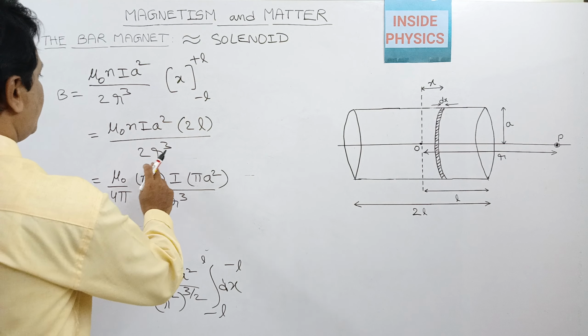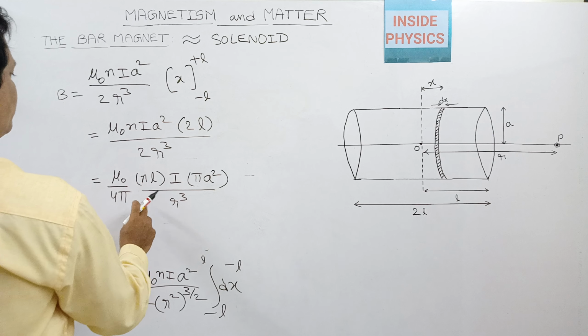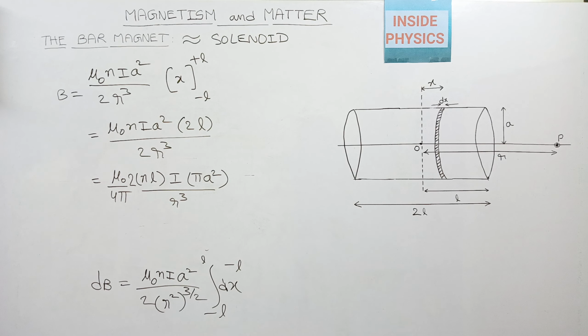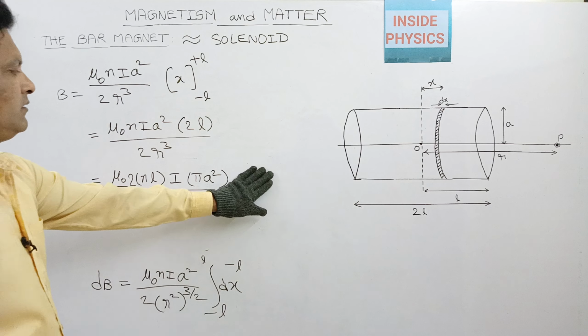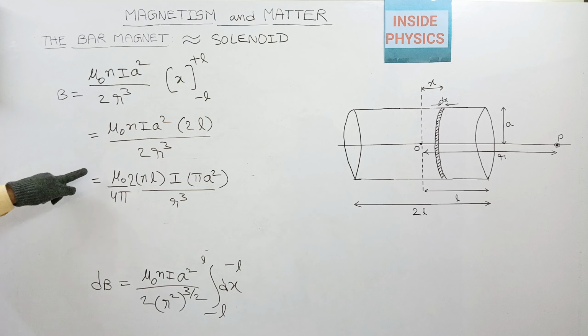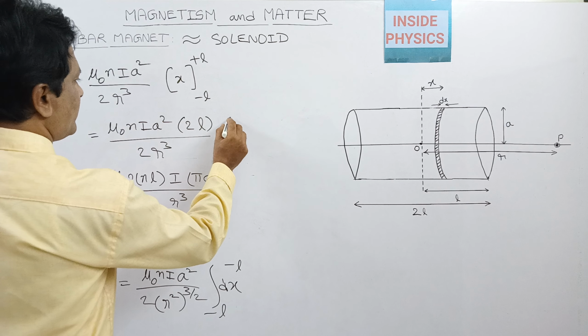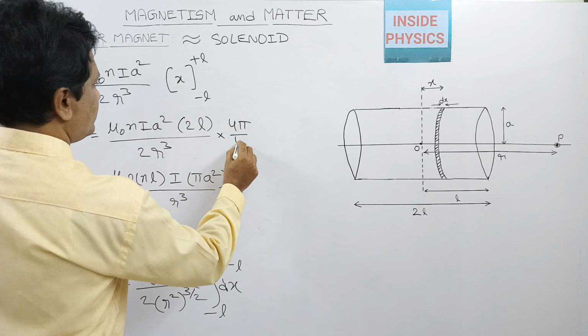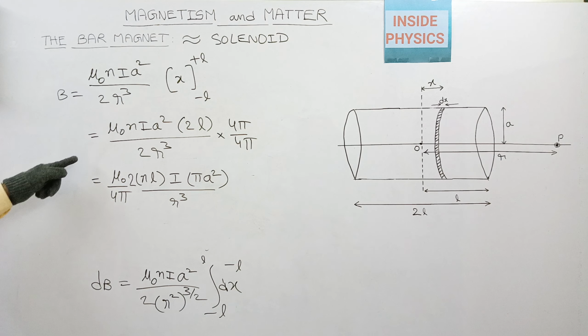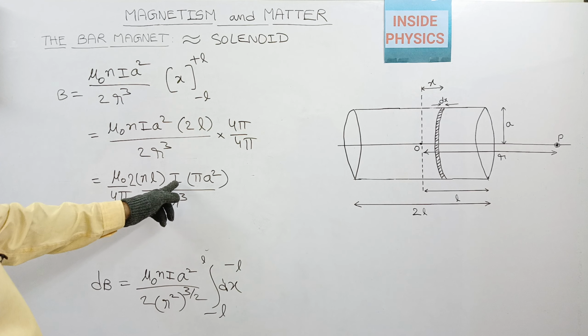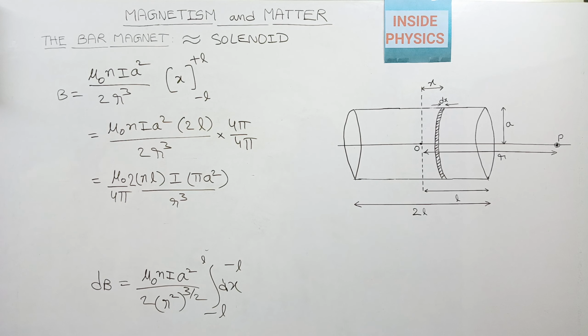And here, if you write 4 pi by 4 pi, and 2 gets cancelled, there will be one more 2 here. So if you observe, why I have written mu naught by 4 pi: I have multiplied the numerator and denominator with 4 pi. Then I have written mu naught by 4 pi, which is a proportionality constant when we are calculating the magnetic fields. So n L I into pi a square.